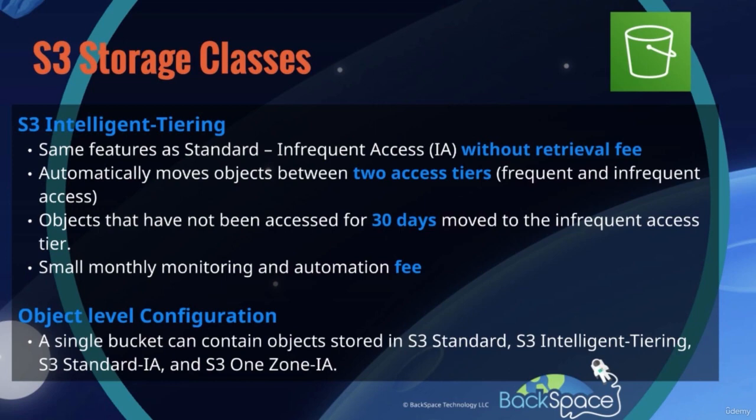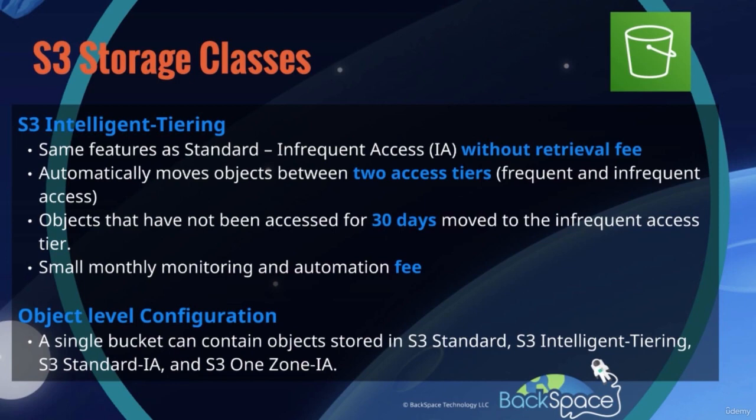For that monthly fee, it will automatically move your objects between 2 access tiers: one for frequently accessed and one for infrequently accessed objects. If objects haven't been accessed for 30 days, they'll be moved into that infrequent access tier. When they start to become more accessed, they'll be moved back from infrequent into that frequent access tier.